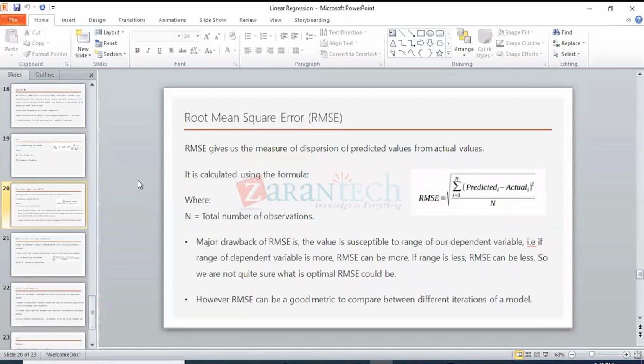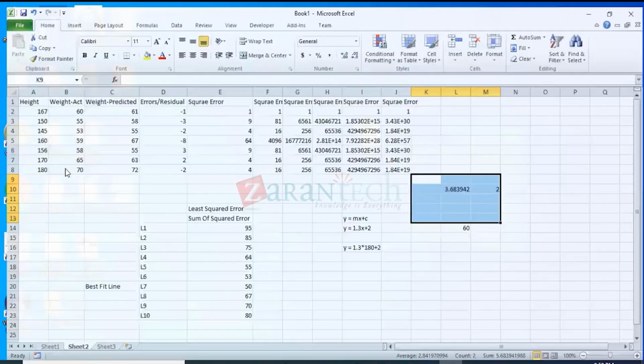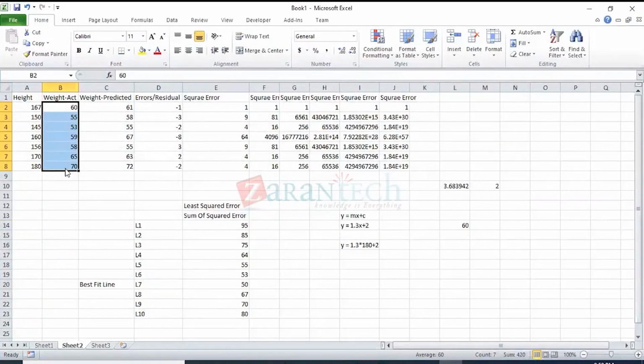But there is one drawback of root mean square error: its value keeps changing as the range of your dependent variable increases. In this case, my dependent variable is weight, so the values will be somewhere around 60 to 70. But what if my dependent variable is sales?